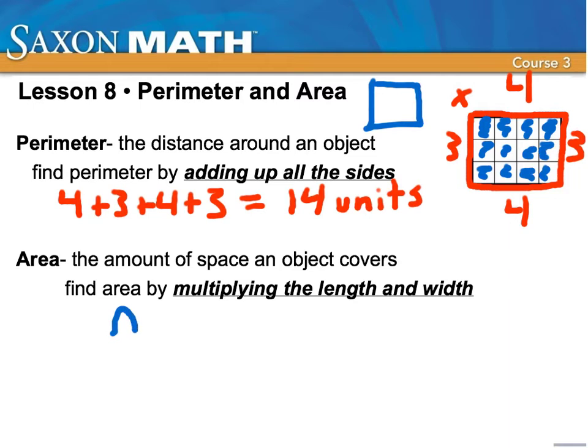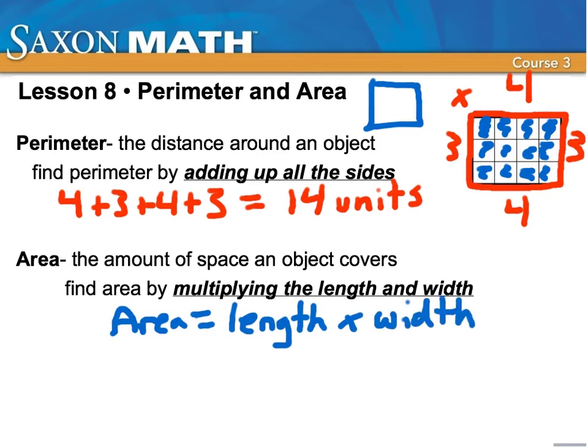Area equals length times width. More commonly you're going to see that written abbreviated, area equals length times width. That's on your NISA formula sheet that should be in your math binder, that plain sheet of paper. So if you ever forget that formula, you can look on there.